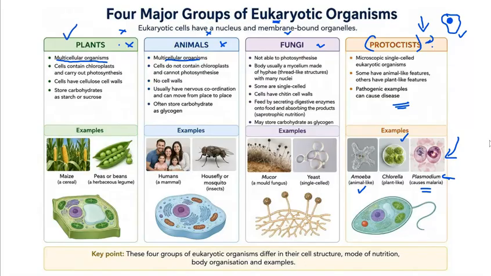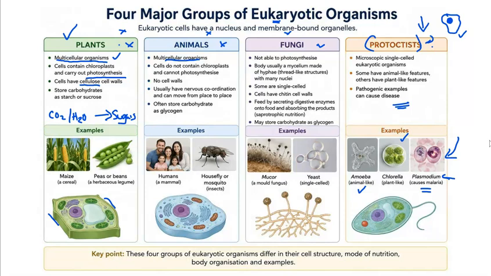Plants, characteristically, are multicellular eukaryotic organisms able to carry out the process of photosynthesis, in which they take carbon dioxide and water, and with the assistance of light, they can manufacture sugars. Plant cells also have a wall going around the outside, and that wall is composed of this molecule here, which is called cellulose.